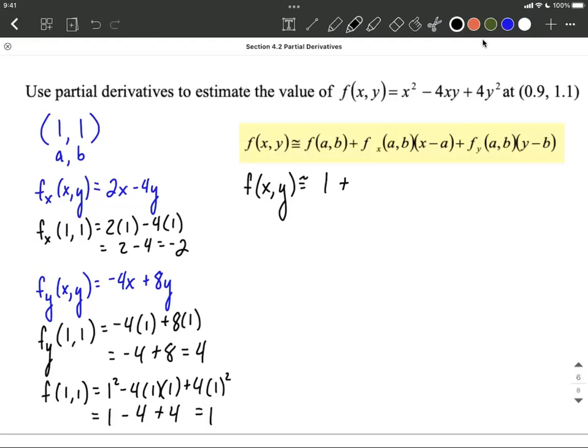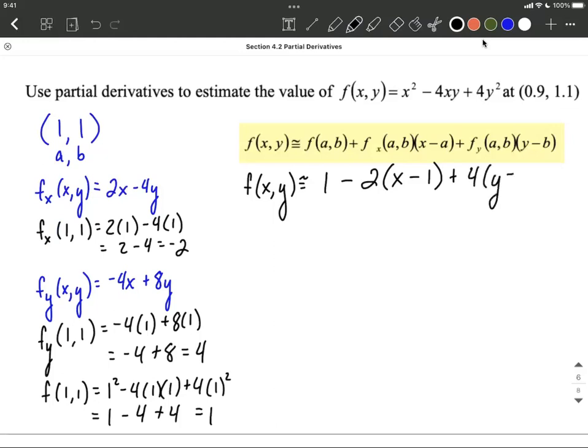Plus the partial derivative evaluated at 1, 1. The partial derivative with respect to x evaluated at 1, 1 we said worked out to be negative 2, so I'm going to go ahead and make that minus 2. Then we have x minus our value for a, which was 1. Now the partial derivative with respect to y evaluated at 1, 1 came out to be 4.